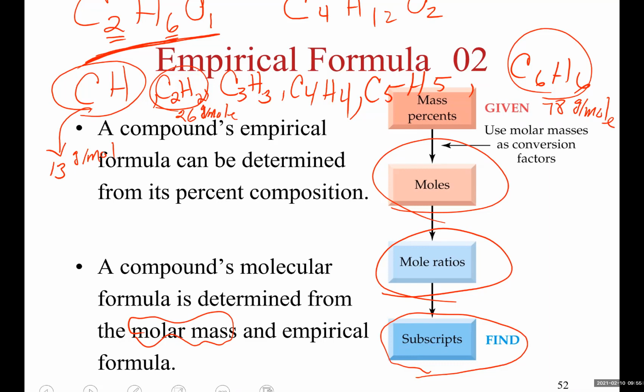If I'm going to do that, I need the molar mass or molecular mass. Well, with the empirical formula of CH, the molecular mass is obtained by a machine which is called a mass spectrometer.